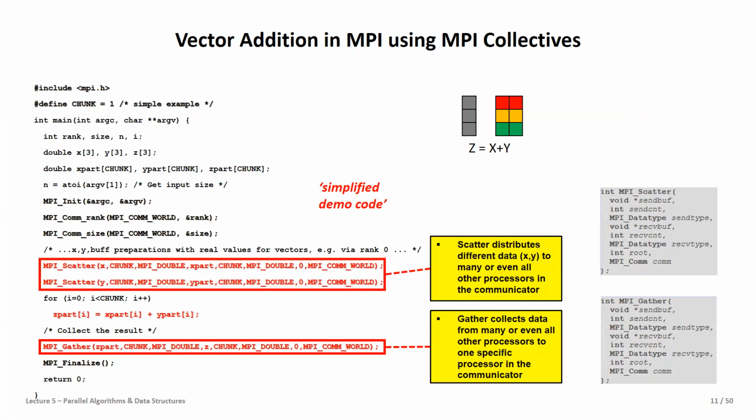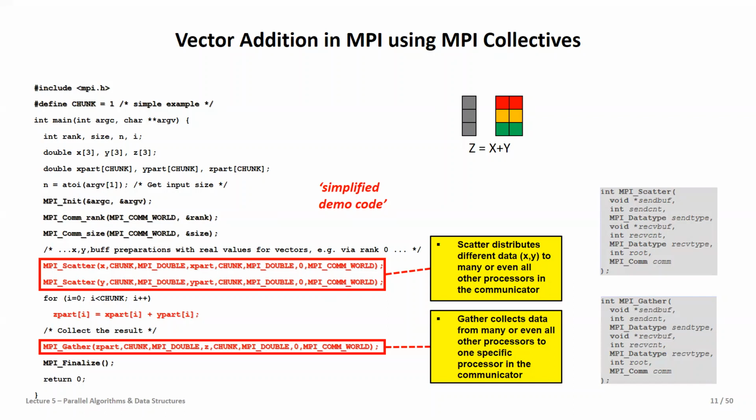We see here that what we want to do is scatter this interesting vector across all the processes that I have in the MPI comm world. And I do the same with the scatter in Y, right?